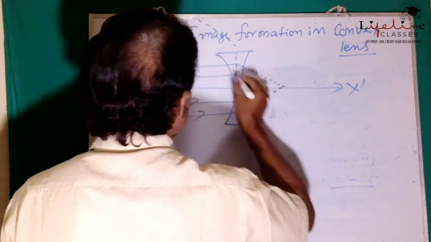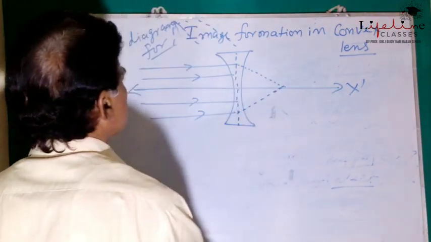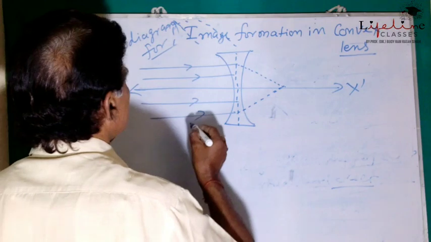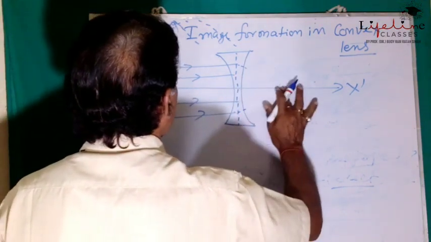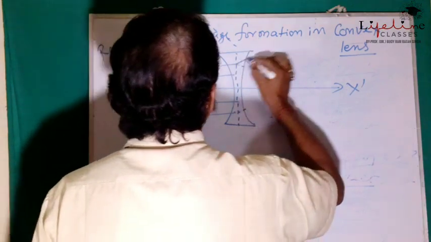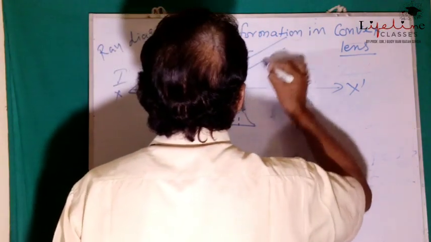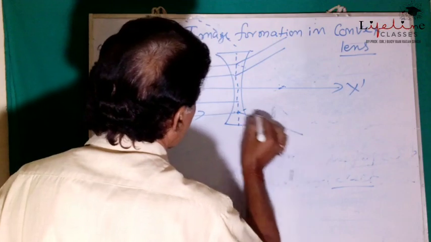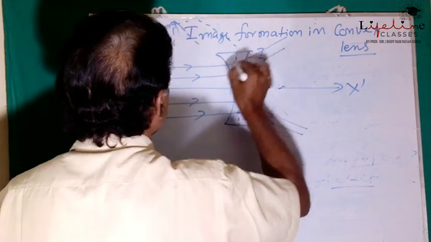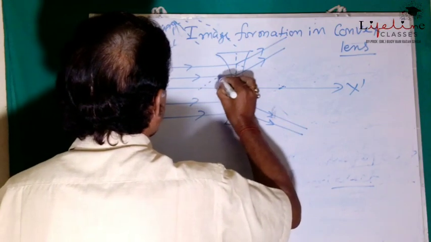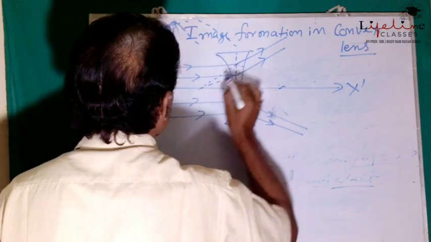get refracted through the concave lens in such a way that when they are produced in backward direction, they meet at the principal focus like this.